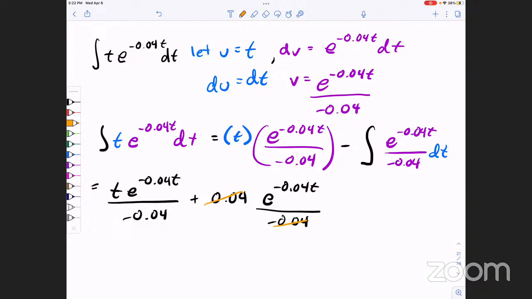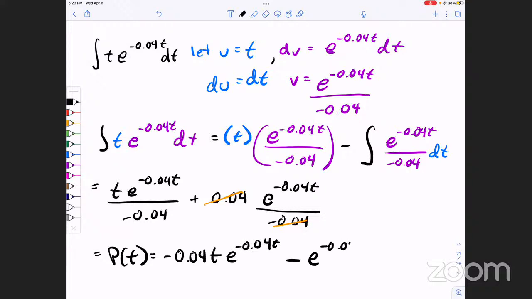And then we just need to basically plug in when t is 24, right? So if we simplify this a little bit more, we get the population p of t. We get negative 0.04 t e to the negative 0.04 t, minus e to the negative 0.04 t. We could factor that out, and that would give us a 1.